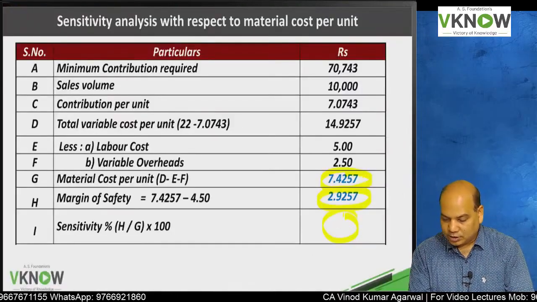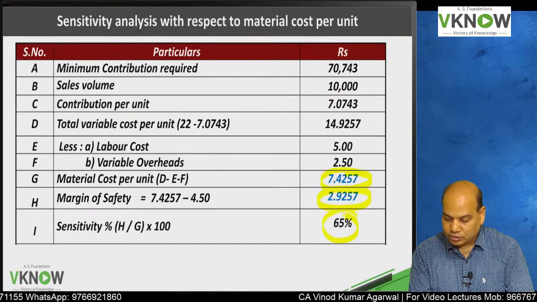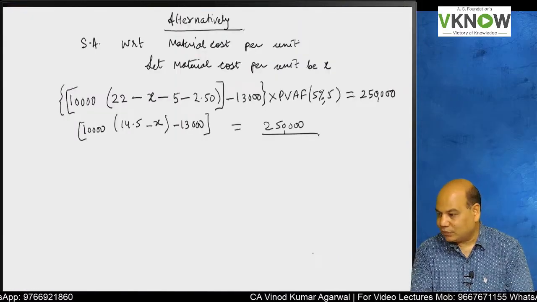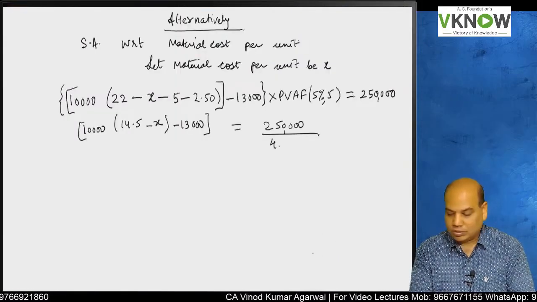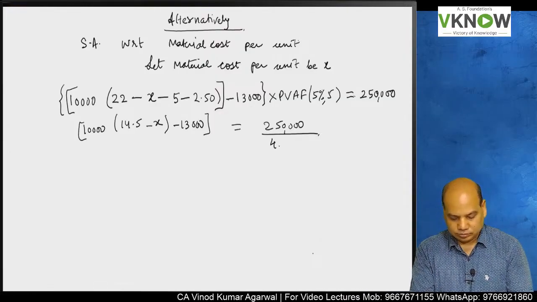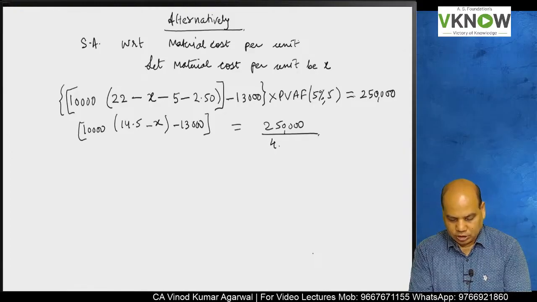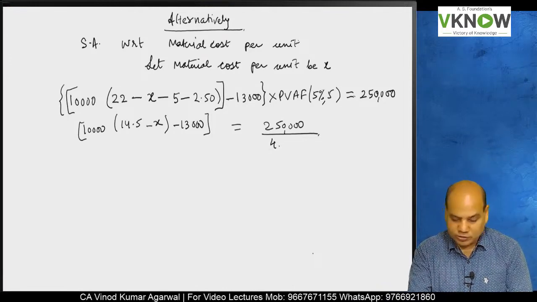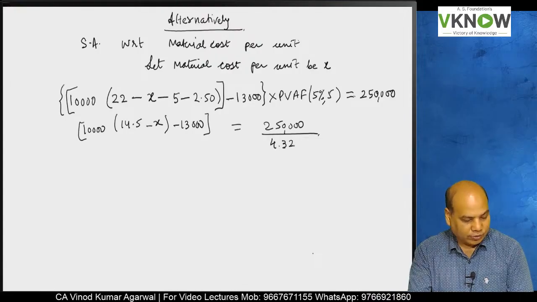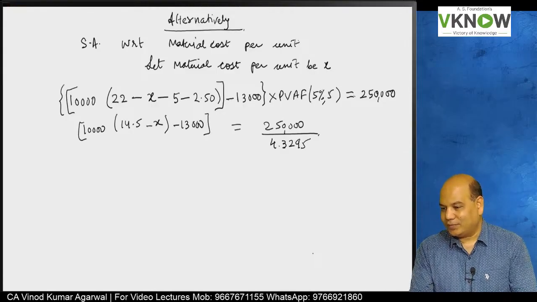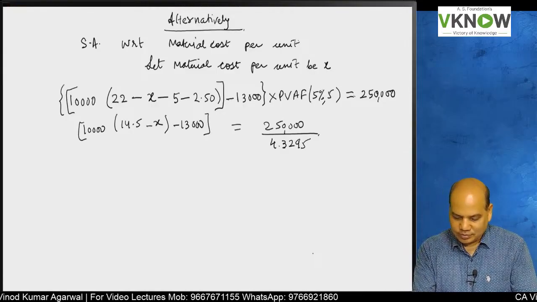How much was that factor? Let me check. I forgot the factor. Anybody can tell me the factor? What was the factor for 5%, 5 years? You are not replying. It is so difficult to teach in a non-responsive batch. 4.3295. Is it right? 4.3295.